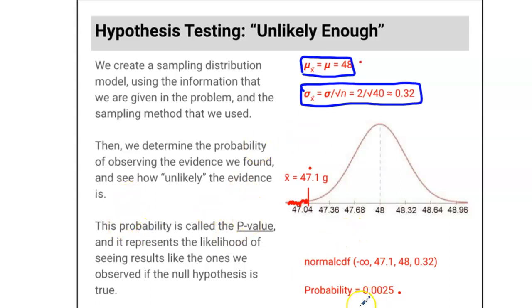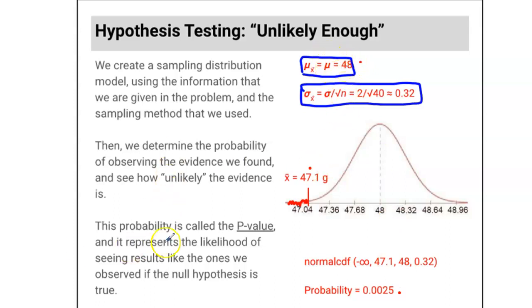That probability, the thing that I just found, the probability of something as weird or weirder happening, that's called the p-value. P stands for probability. And it's the likelihood of seeing results like the ones that we observed if the null hypothesis were true. Now, we can use this evidence to say there's such a small chance that this happened that we don't believe the null hypothesis.